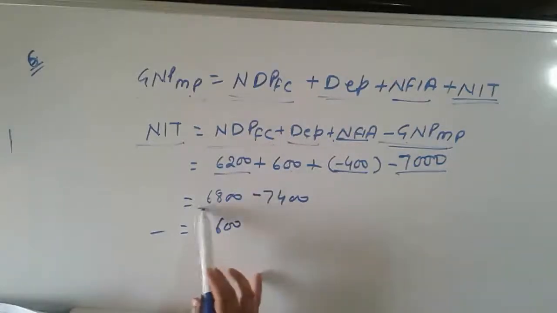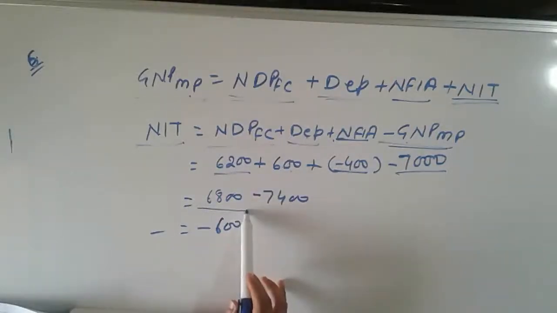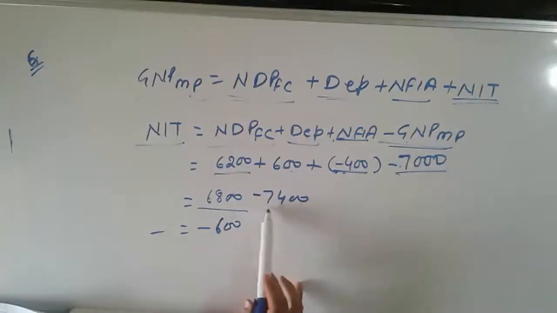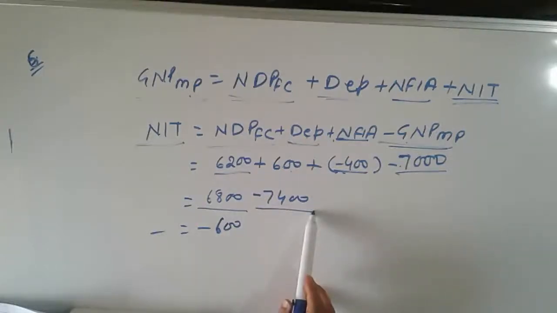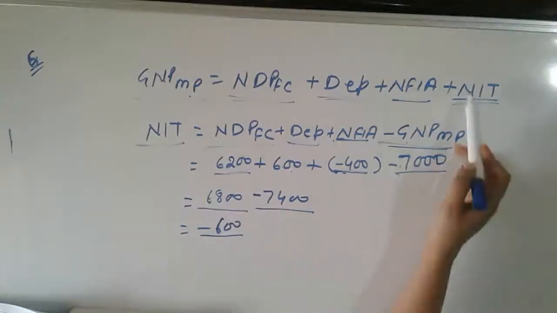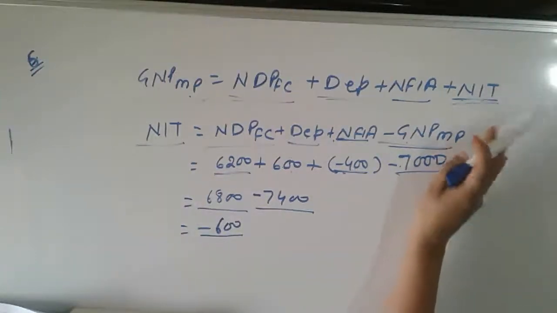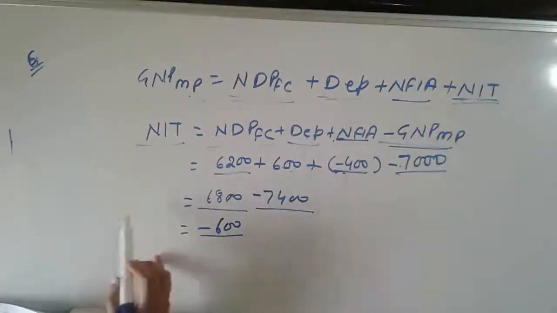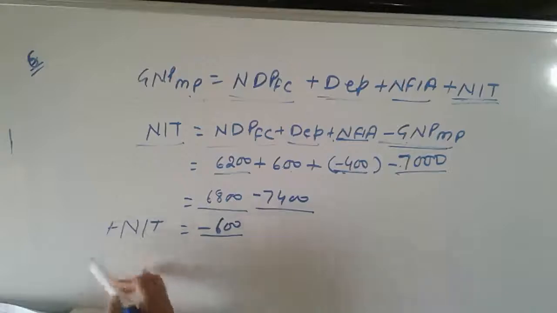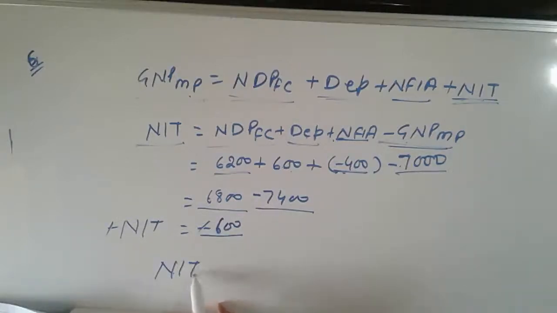So by adding this, we get 6800. By adding the minus, the total becomes negative 7,400, and we get minus 600. When we shift this NIT from the right hand side to the left hand side, it also becomes negative, so the negative sign cancels out the negative sign. That's why NIT equals 600.